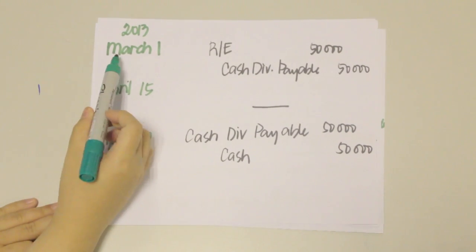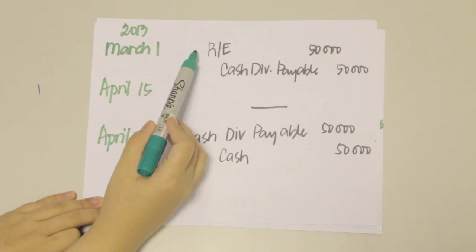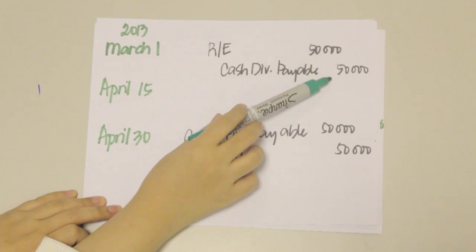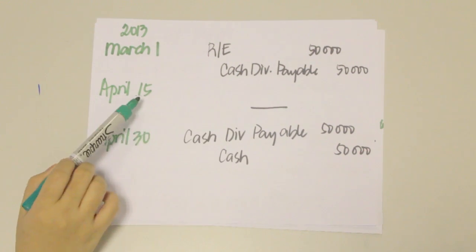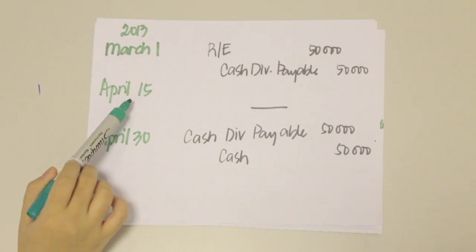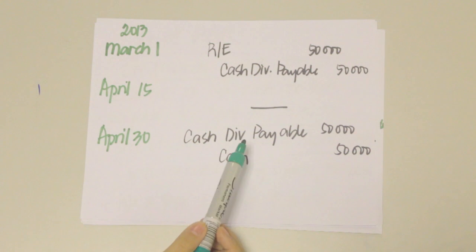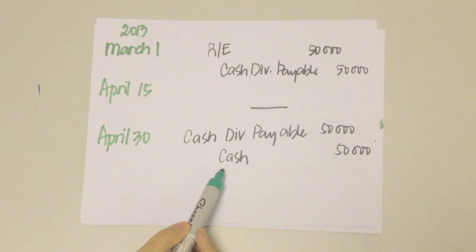So March 1, your date of declaration would require a debit to retained earnings and a credit to cash dividends payable for 50,000 pesos each. And then no record is to be made on April 15, which is your date of record. And on April 30, your date of distribution, you need to debit cash dividends payable and credit cash for 50,000 pesos.